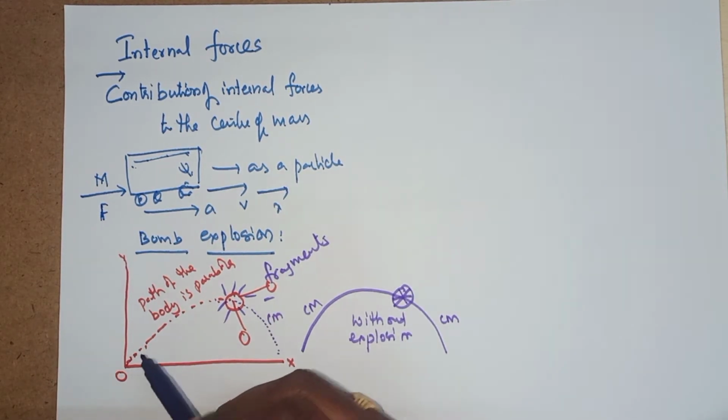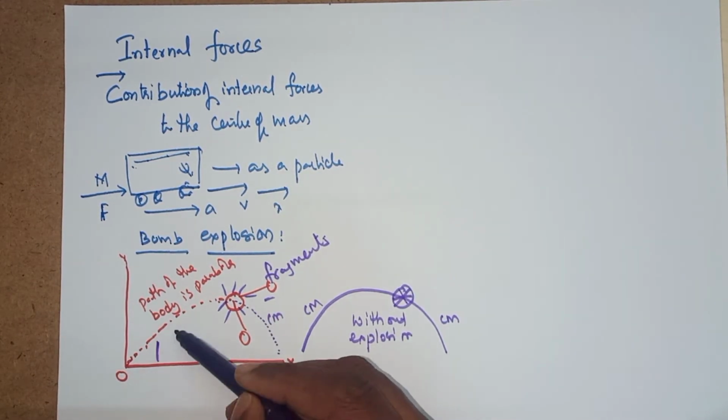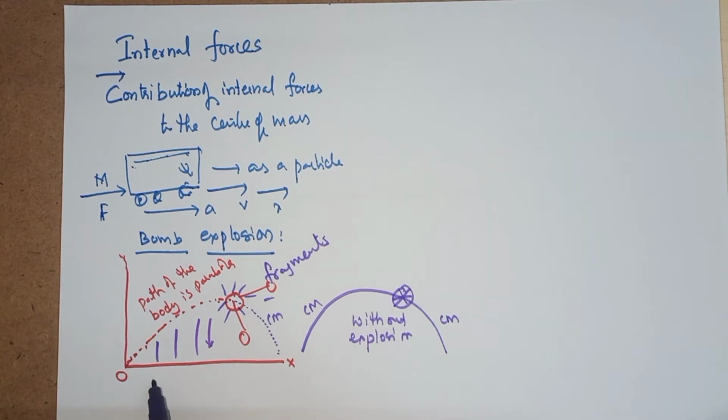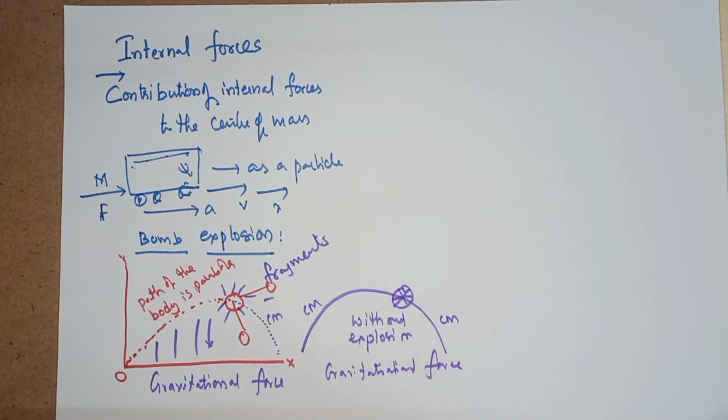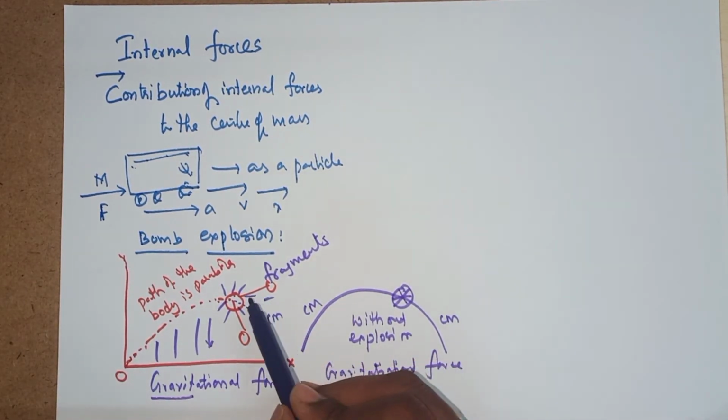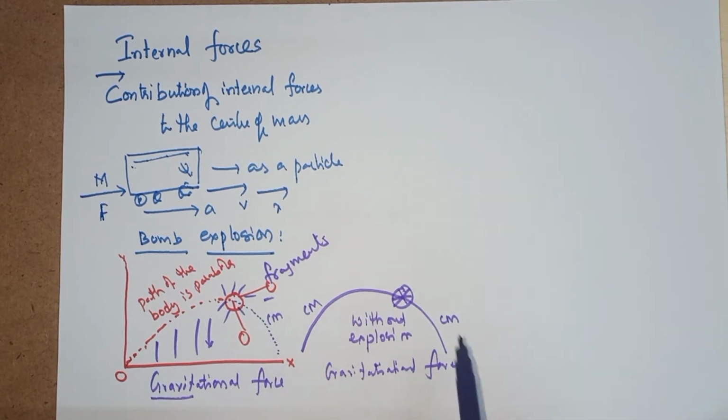What is the external force which is acting? The external force is the gravitational force or gravitational field. The gravitational field is a default force which is acting on it, and here this is the gravitational force here also. Now the external force is still present. So without explosion or with explosion, the path is the same.